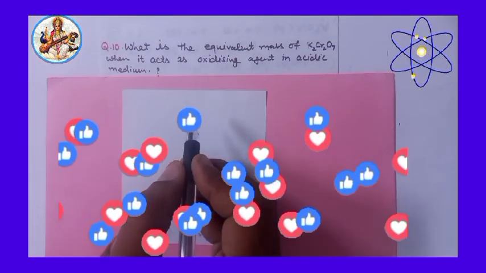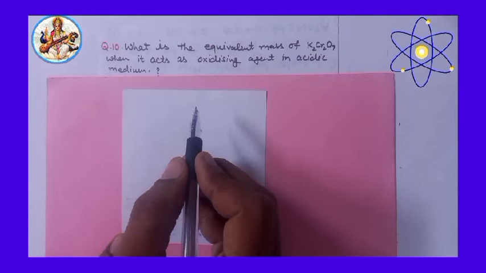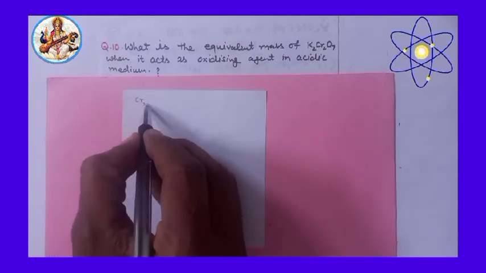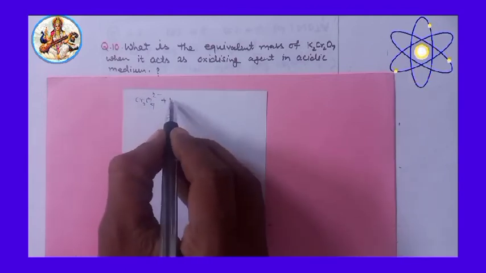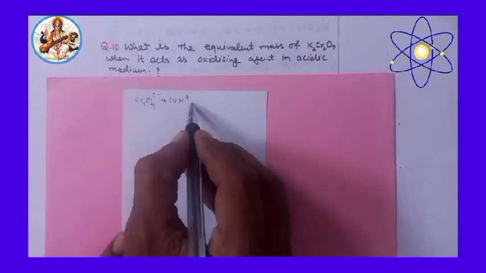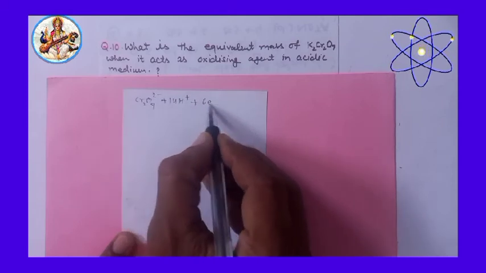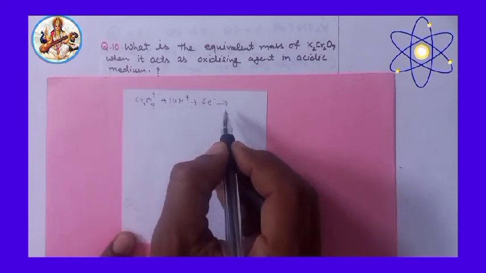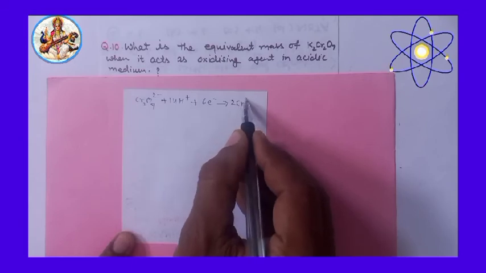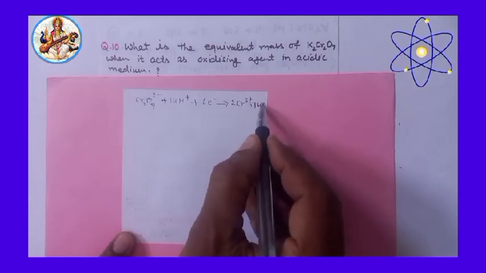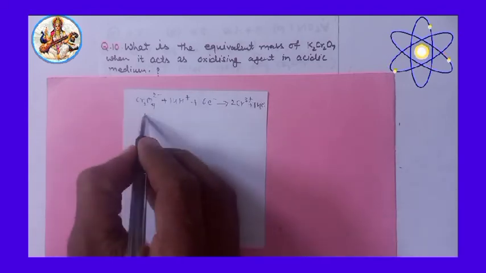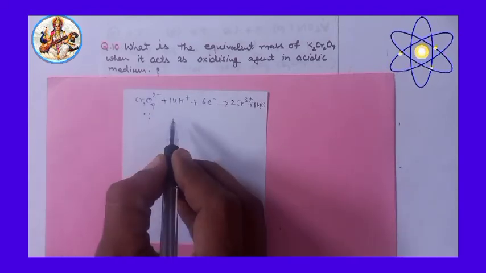medium? The answer: it acts as a strong oxidizing agent in acidic medium. The chemical reaction is dichromate ion in acidic medium takes up electrons and acts as a strong oxidizing agent.